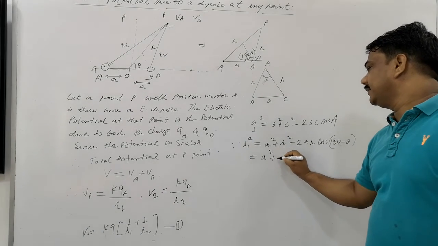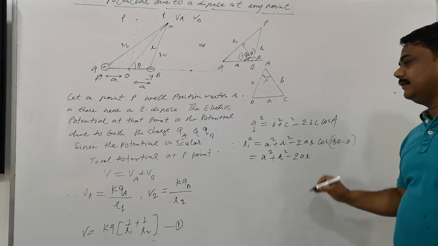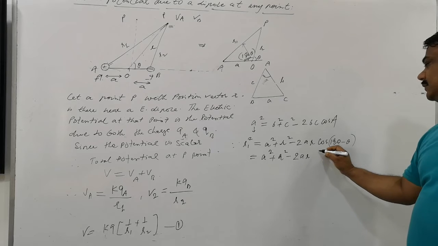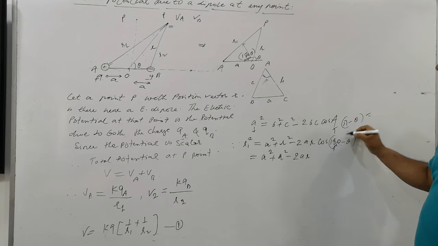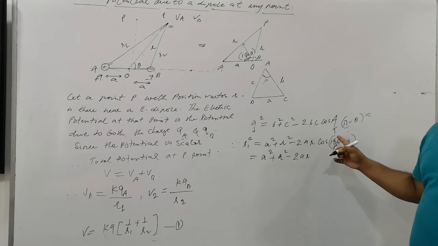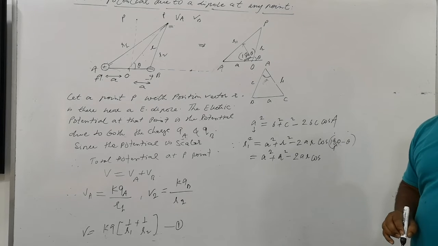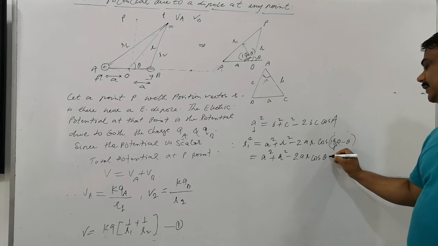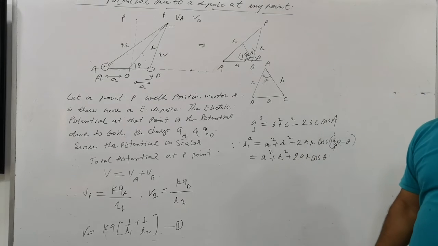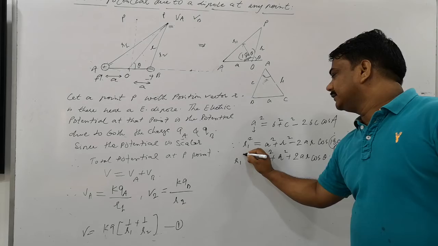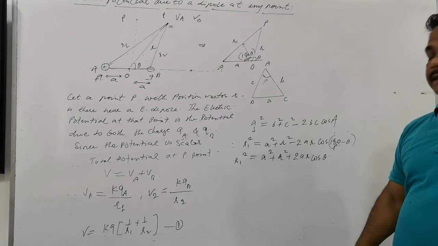It's A square plus R square minus twice AR and cos of 180 minus theta. I told you this formula, trigonometrically it comes here, right? So cosine will come here, and in which quadrant is this? Second. So cosine theta, negative or positive? Second, it is negative, so this will become positive. Is that clear, right? So there R1 is coming, but we have to find out 1 by R. How can we calculate 1 by R?